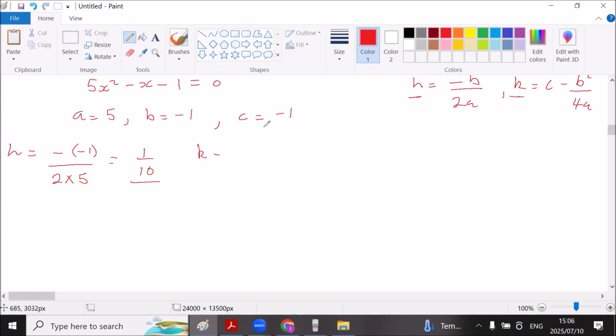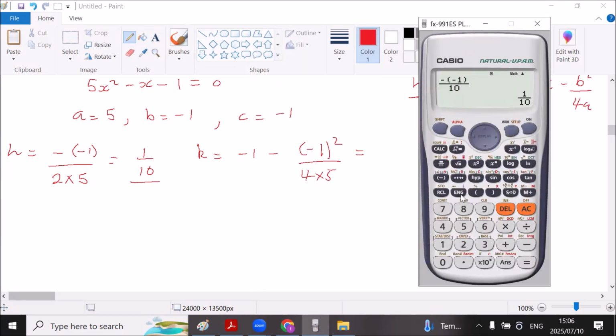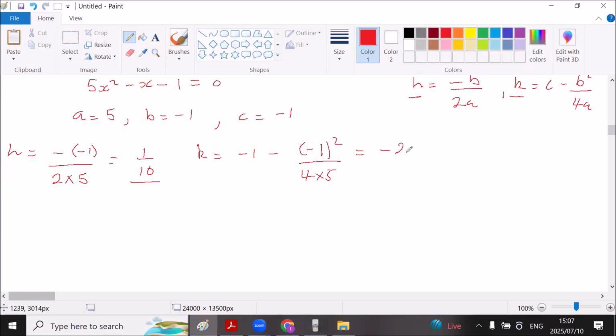K is equal to minus 1 minus (minus 1) squared over 4 times 5, which we can find from our calculator. 4 times 5 is 20, which will give us minus 21 over 20.